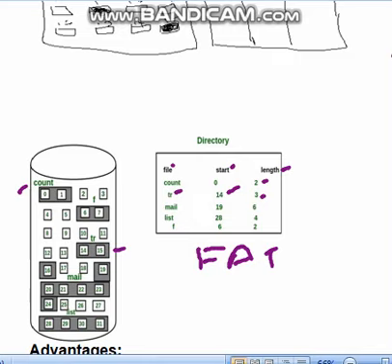If you observe another file, mail, its starting index number is 19 and it occupies 6 blocks: 1, 2, 3, 4, 5 and 6. Like this we can continue for however many files we need.